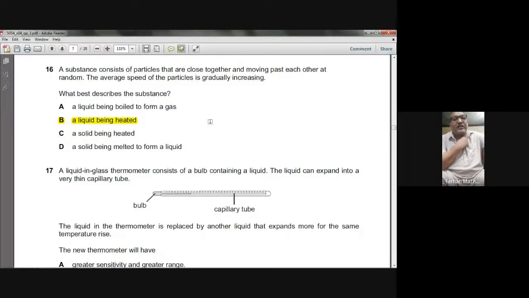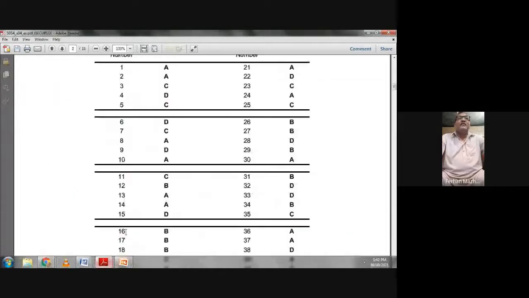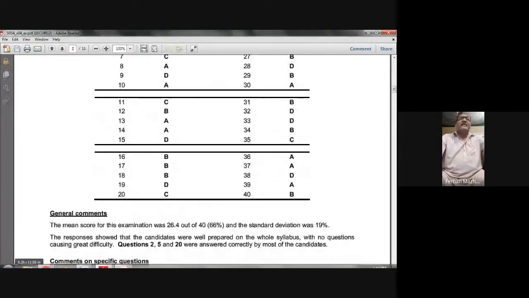The temperature remains constant during boiling. So A cannot be the answer. Amna, do you understand the difference? When boiling happens, the speed will not increase. So B is the choice. Let's check the answer. 16, B is the right answer.